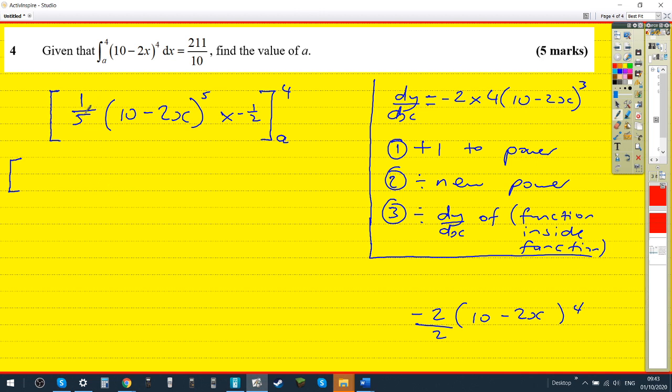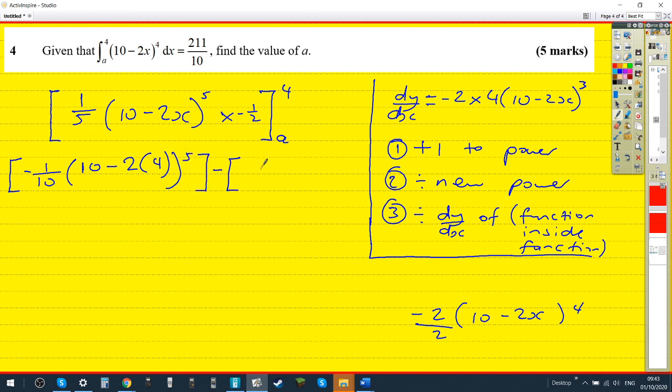Yep. What is a fifth times minus 1/2? Minus 1/10. So that might make it just a little bit easier for the calculator. Minus 1/10, 10 minus 2 times 4, power of 5.